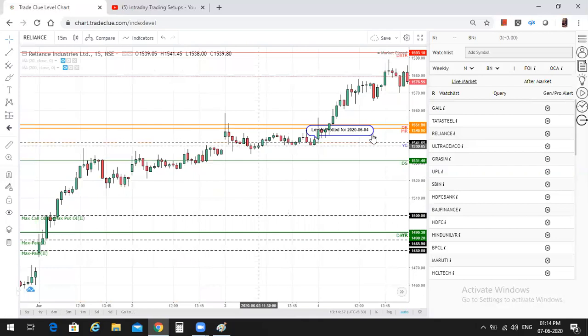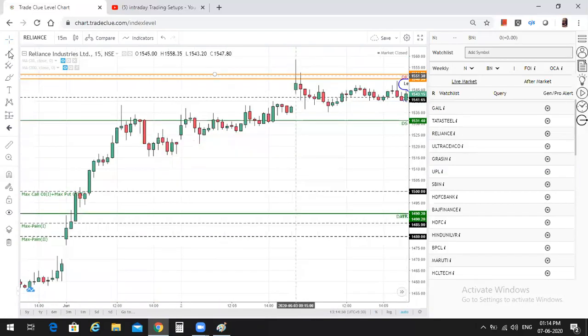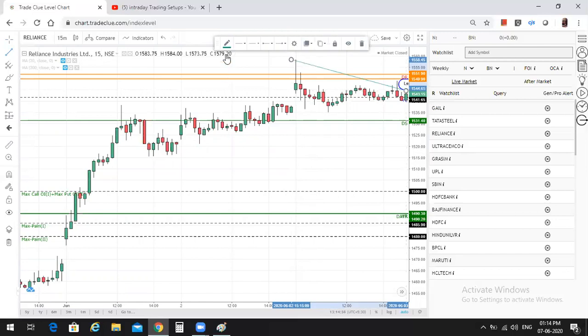So these levels which you are seeing over here, the DR, MR, monthly and daily resistance, were over here, and you have the daily support around this range. Now this is where you are standing a day prior, where you clearly know this is kind of a triangle formation taking place.